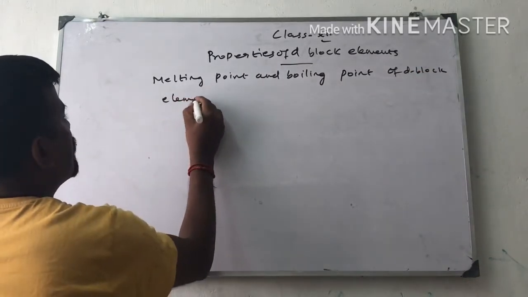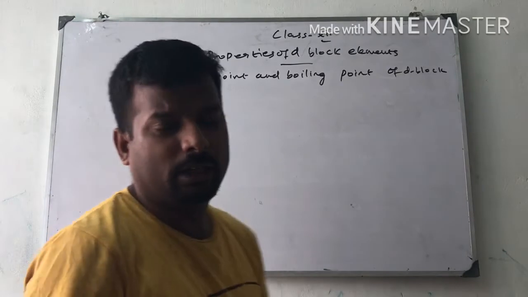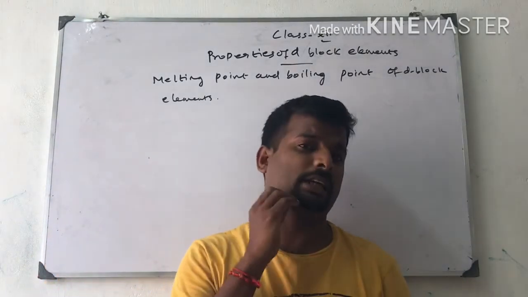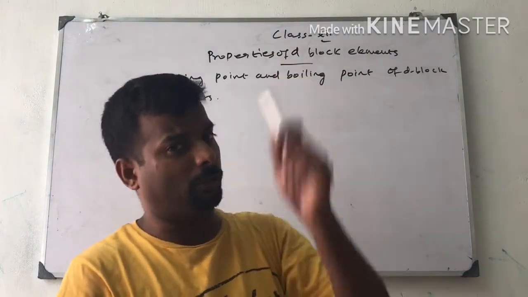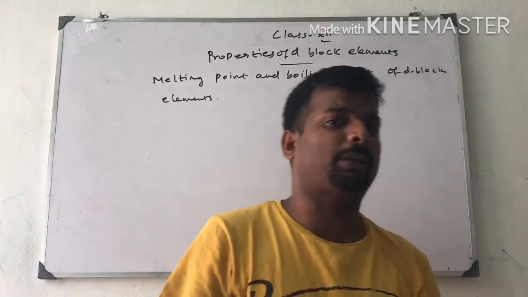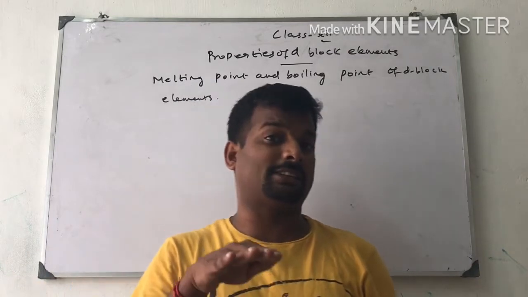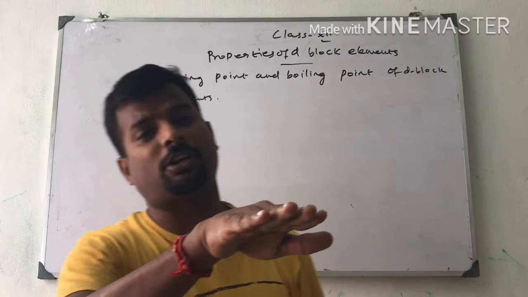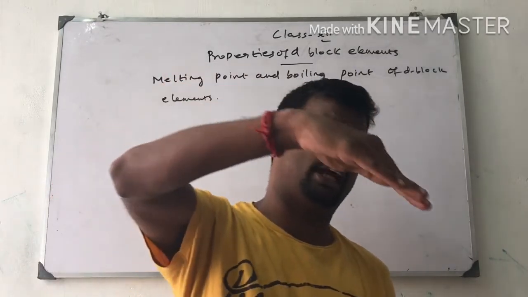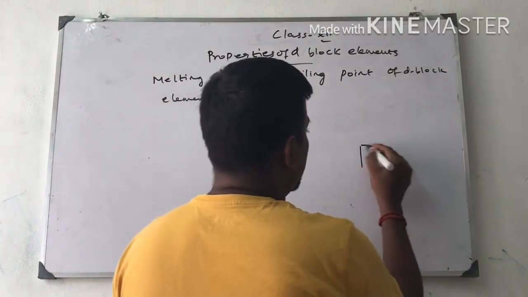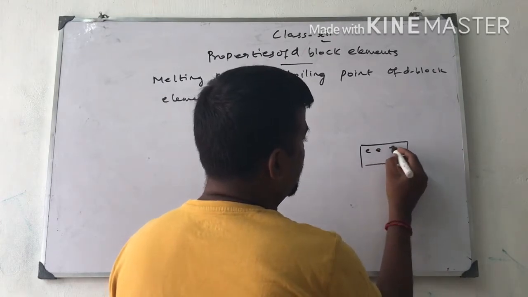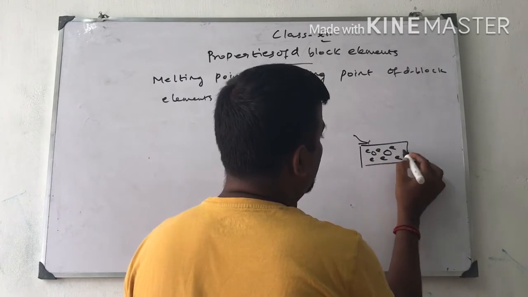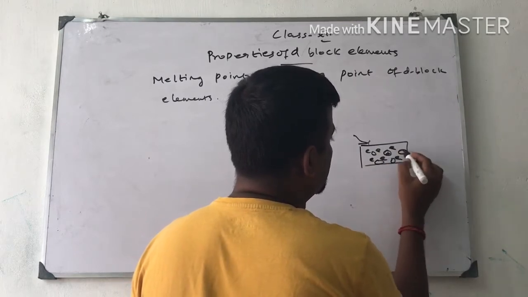Generally, D block elements are hard metals. They have malleability. Why does malleability take place? If force is applied to a metal, the electrons present in the metal slide over each other. The position of the electrons is not changed, but some sliding takes place. Suppose this is a sheet of free electrons and positive kernels.